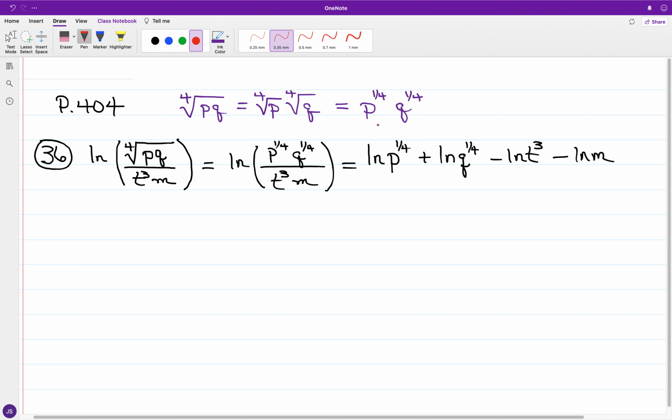And again, rewriting the powers as coefficients, we're going to have 1/4 of the natural logarithm of p, plus 1/4 of the natural logarithm of q, minus 3 times the natural logarithm of t, and minus the natural logarithm of m.